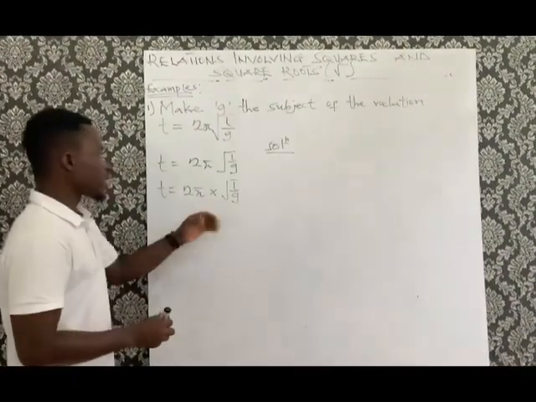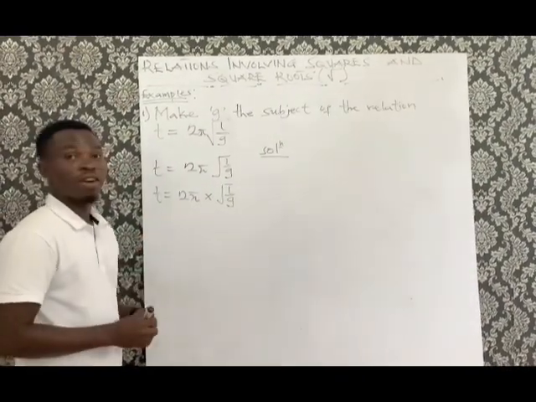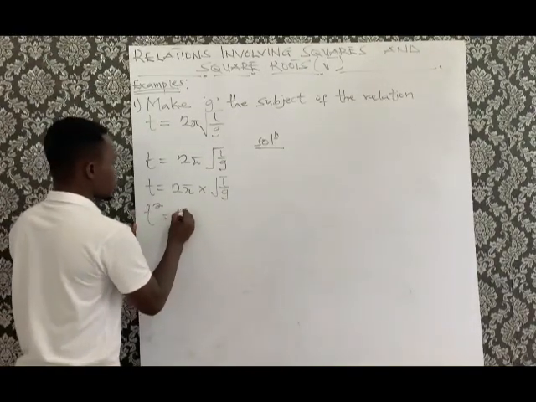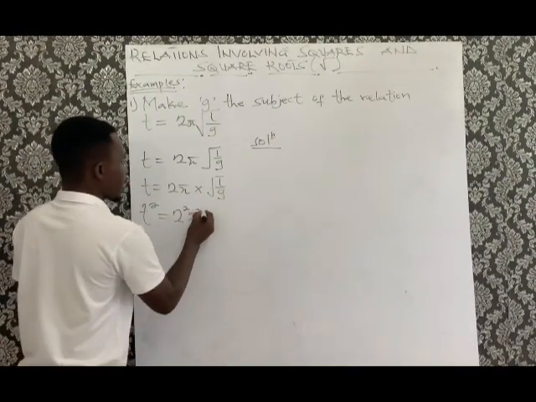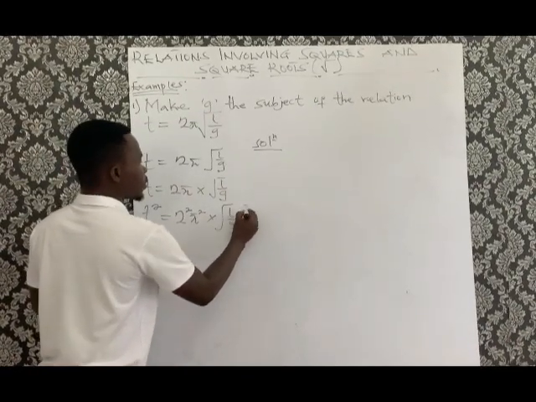So first, you have to get rid of the root sign. And to get rid of the root sign, we need to square both sides of the relation. So it will be T squared equal to 2 pi squared times root L over G all squared.